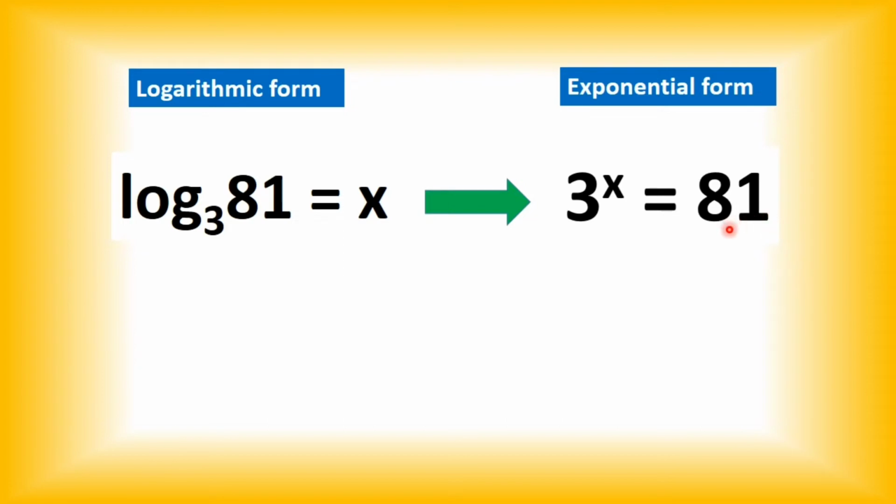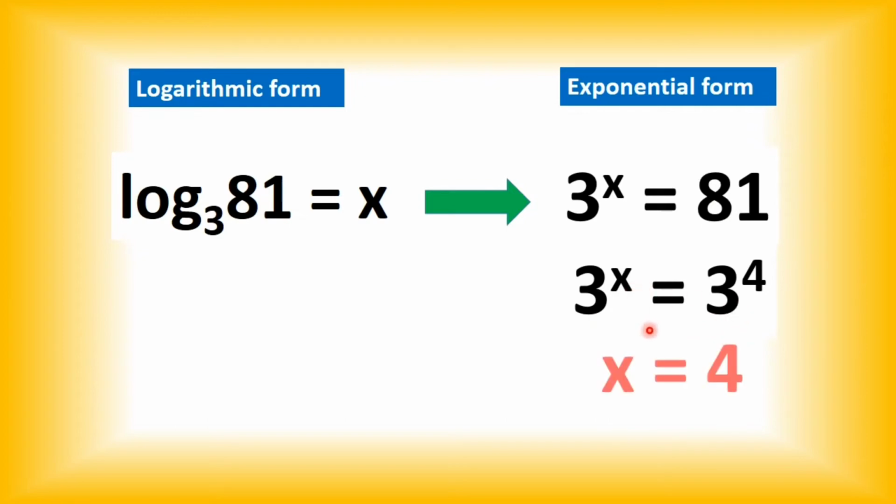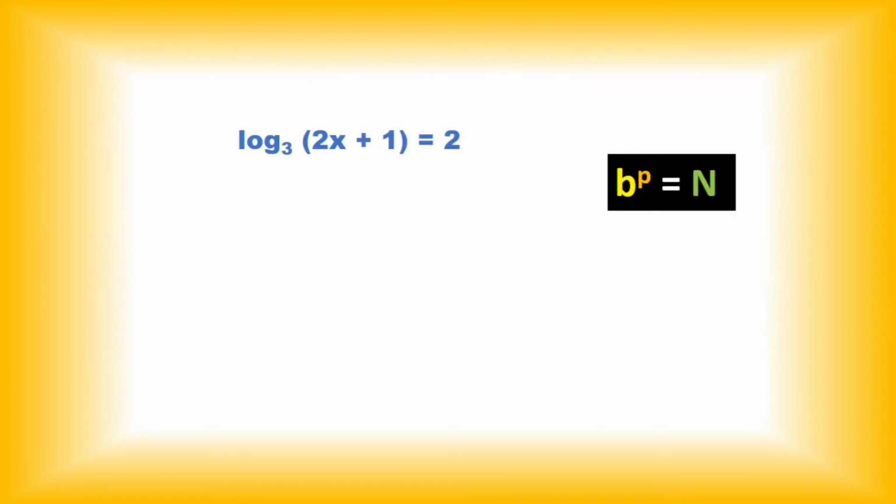We can rewrite 81 as 3 to the 4th because 3 to the 4th is equal to 81. Like bases na siya, we can now equate the exponents: x is equal to 4, which is the final answer. So log base 3 of 81 is equal to 4.